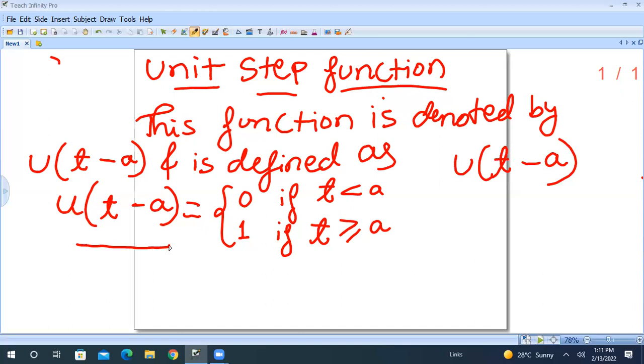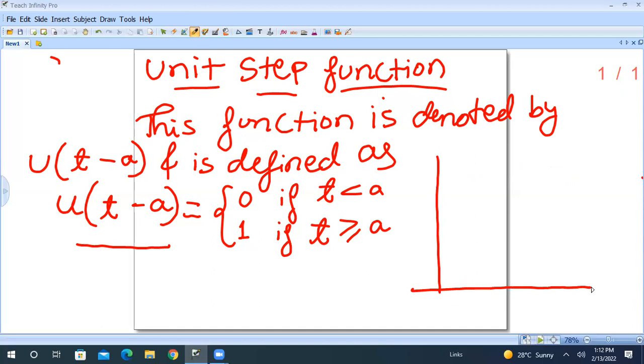If we draw the graph of this, let us assume the x-axis as t and the y-axis as u of t minus a.